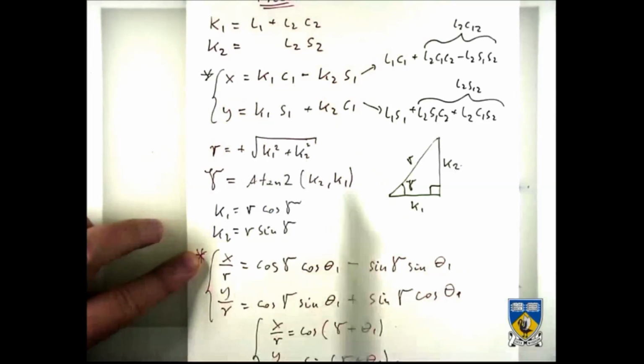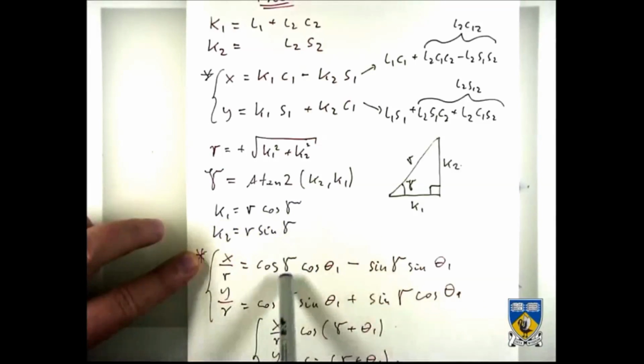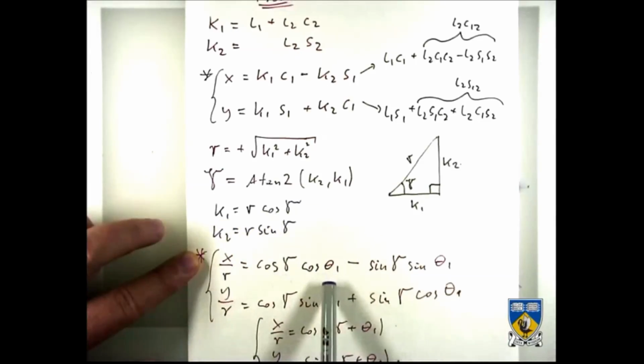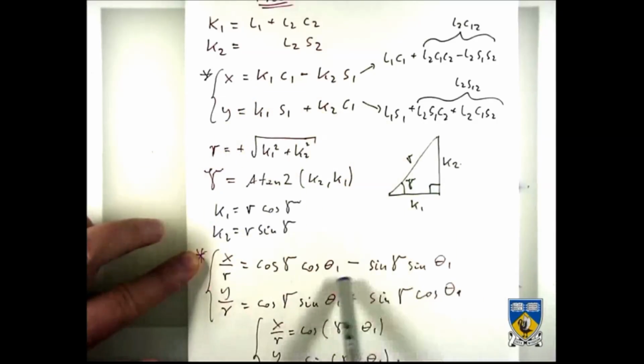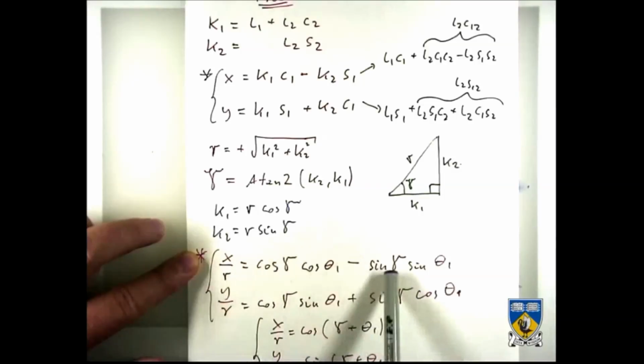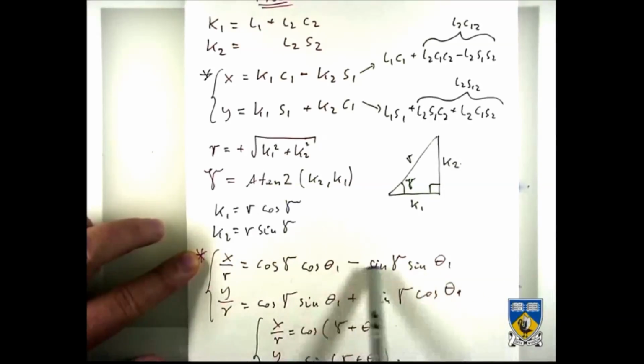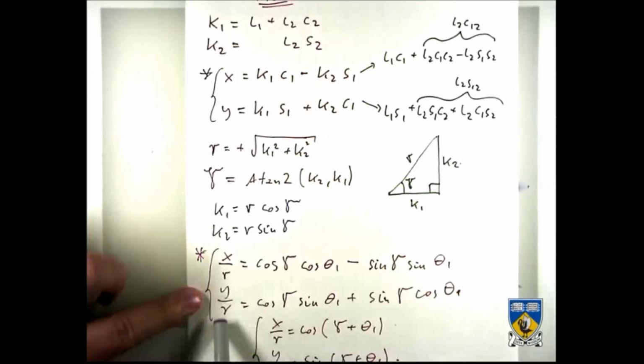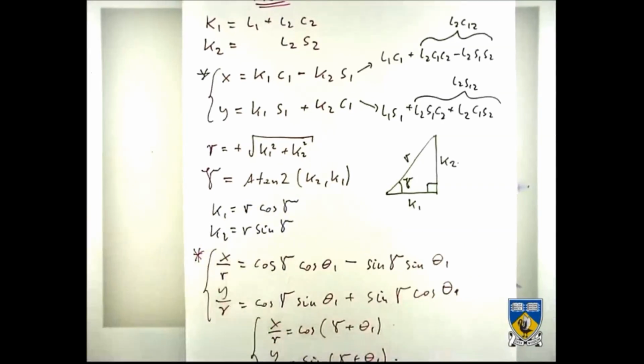So you have K1 C1, so K1 is R cosine gamma times cosine theta 1, right? Minus K2, which is R sine gamma times sine theta 1. So R not here, already taken into the denominator here. And the same idea for y. K1, which is R cosine gamma sine theta 1 plus R sine gamma cosine theta 1.